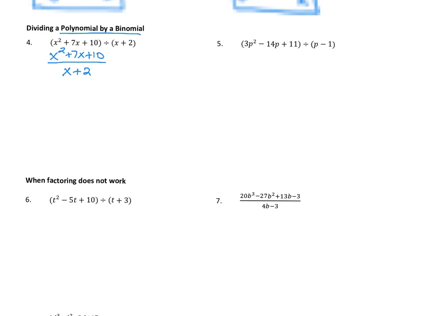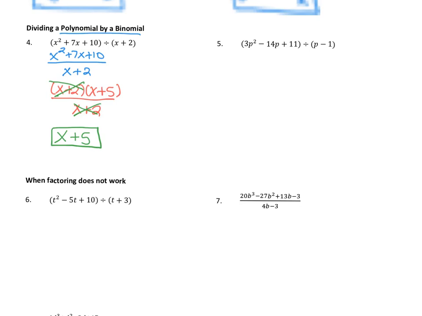Now, it's great to rewrite it like this if the top polynomial is factorable, which in this case it is. The top will factor into x plus 2, x plus 5, and it's going to be over x plus 2. Since it's factorable, now I can divide x plus 2 by x plus 2, and so my final answer will be x plus 5.